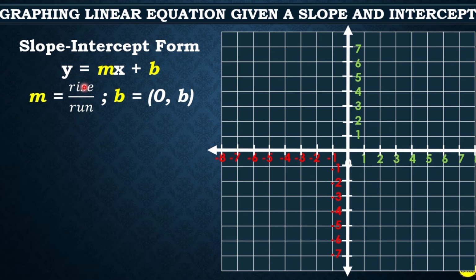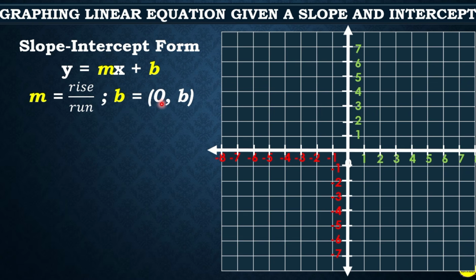Your m is your rise over run, so to plot the slope we will use the rise over run. And your b, the y-intercept, is (0, b). This is how we plot your y-intercept.